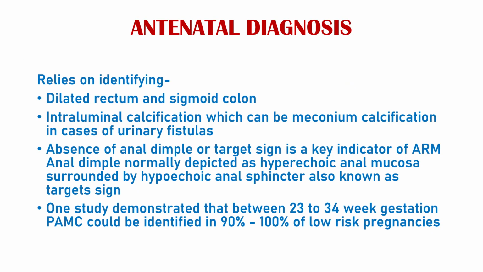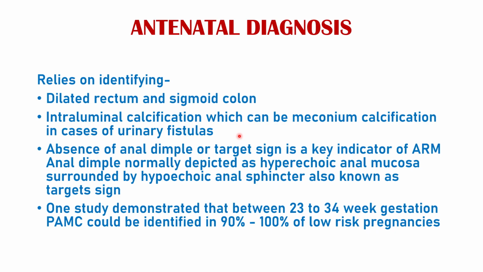Now, how to antenatally diagnose this condition? It depends on identifying dilated rectum and sigmoid colon, and intraluminal calcification, which can be meconium calcification in cases of urinary fistulas. There is also absence of the anal dimple, or we can say the target sign, which is a key indicator of anorectal malformations.